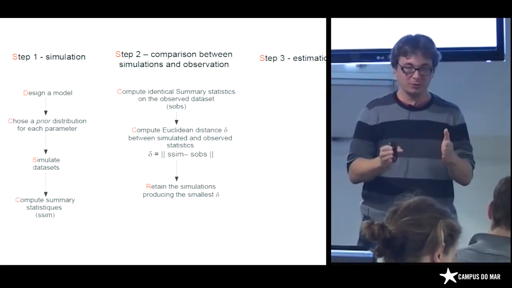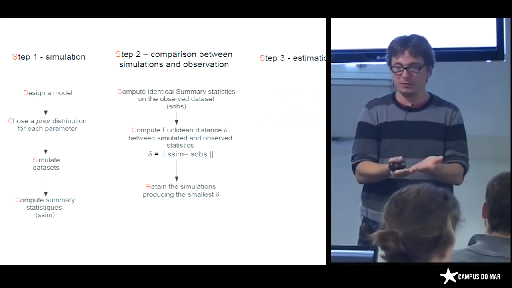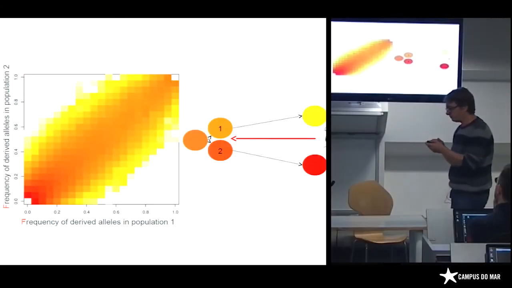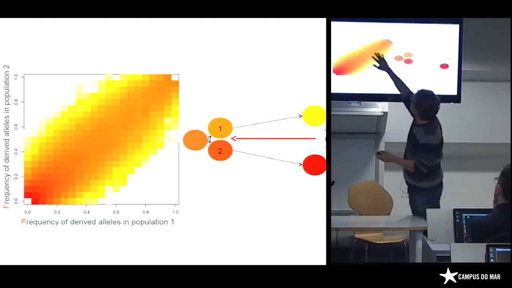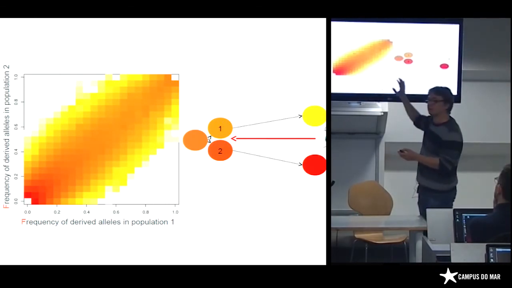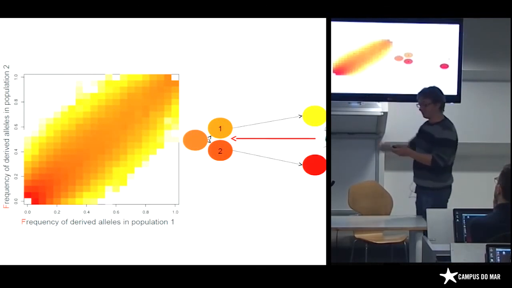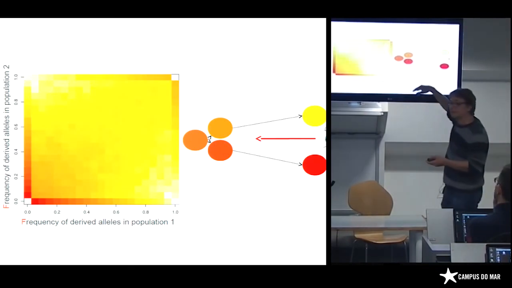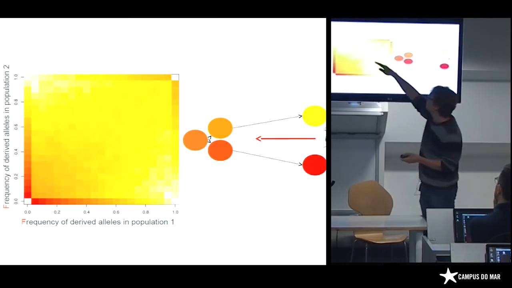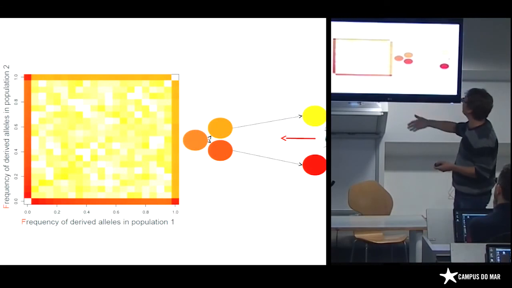What is more useful is model comparison, because it allows you to test an IPSFS just after the split between the two populations. So you see that many SNPs have the same frequency in the two populations. So they are on the diagonal of the GSFS. And with time, you have drift and fixation of alleles in the two populations, little by little.